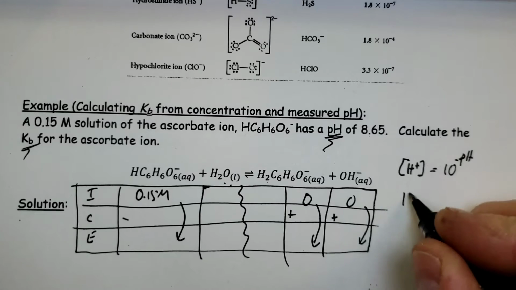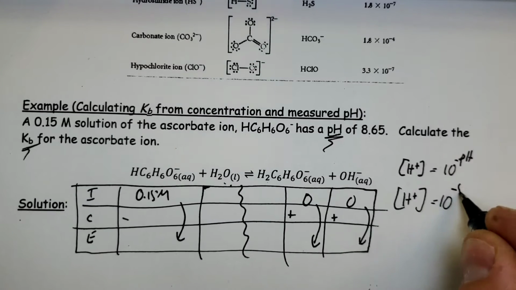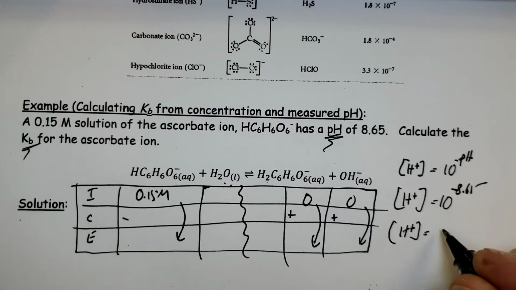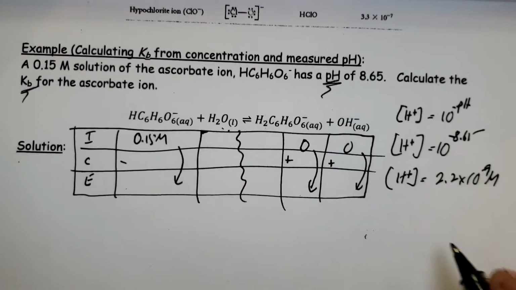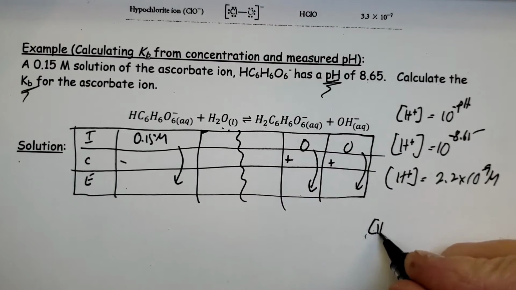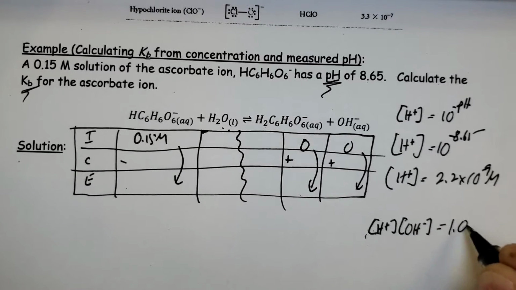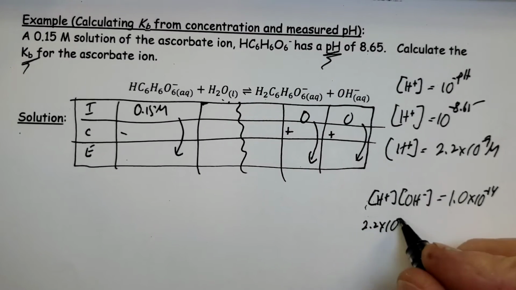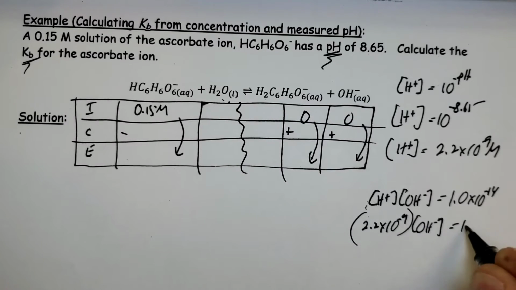There's more than one way you can do it. I'm going to do it one way. You certainly can do it the other way. We should get the same answer regardless. So the H here works out to be 2.2 times 10 to the minus 9 molar. And then, of course, if I know what H is, I can figure out what OH is, because I need to multiply to give us the water constant. 2.2 times 10 to the minus 9 times OH.